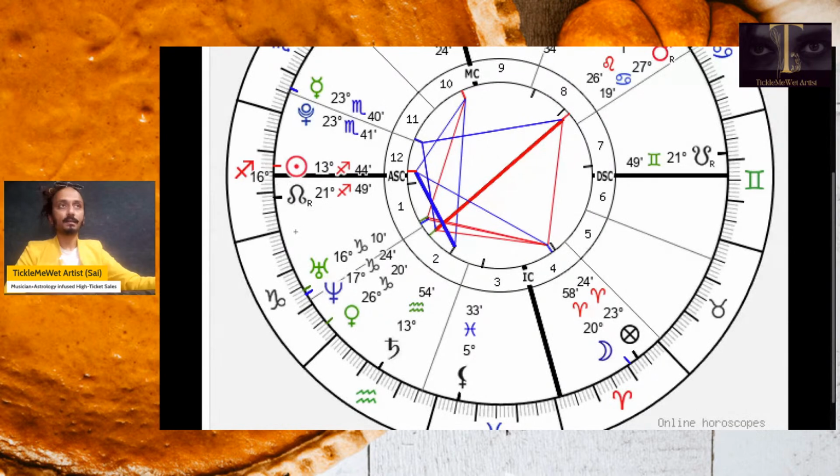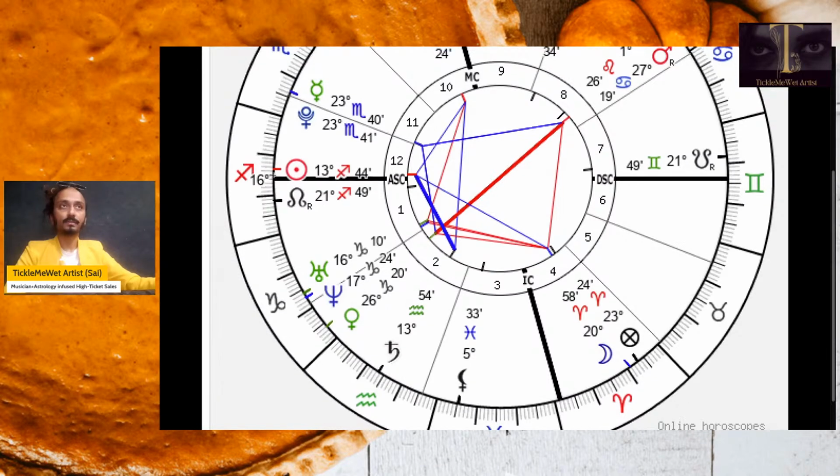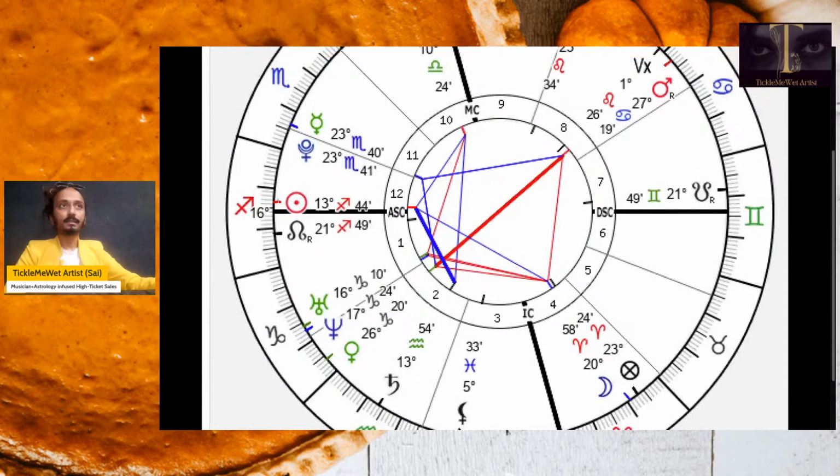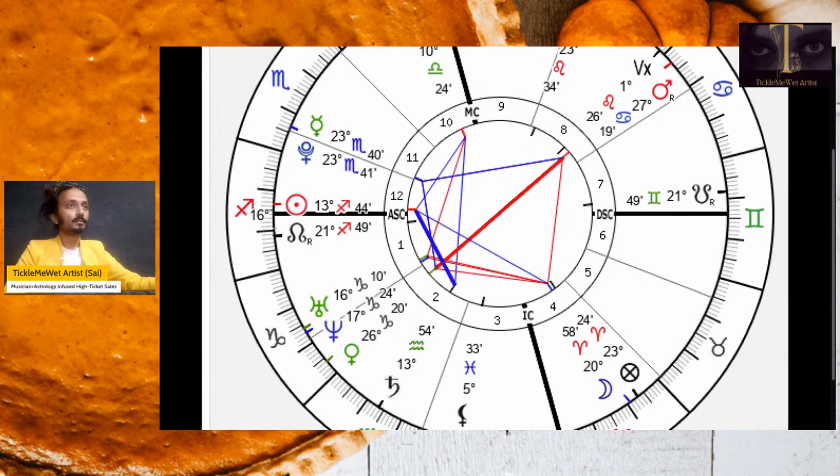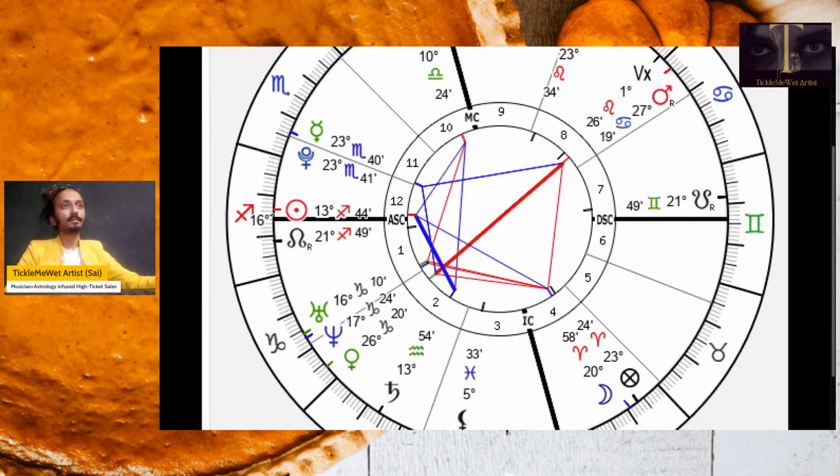Though my sun represents being in the first house, it is extremely close to the first house. It's 16 degrees Sagittarius, and the ascendant is 16 degrees, and the sun is at 13°44', so that's 2 degrees and 26 minutes away from the ascendant.